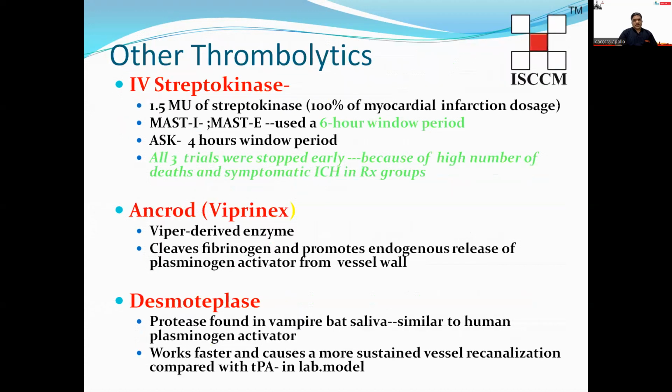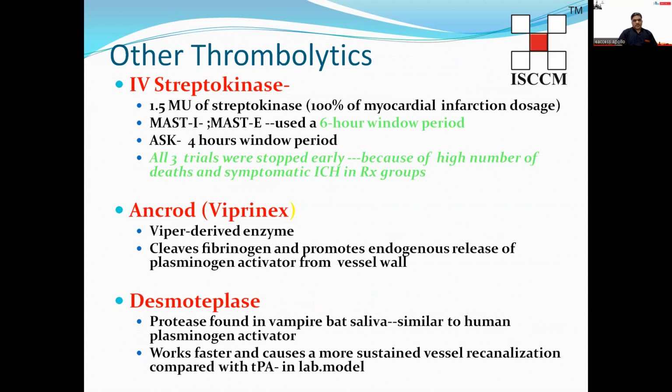Other thrombolytics like IV streptokinase, 1.5 million units, the same dose as used in myocardial infarction. MAST-I and MAST-E used a 6-hour window period, ASK a 4-hour window period. All 3 trials were stopped early because of the high number of deaths and symptomatic ICH in the treatment group. Ancrod, a viper-derived enzyme, cleaves fibrinogen and promotes endogenous release of plasminogen activator from the vessel wall.